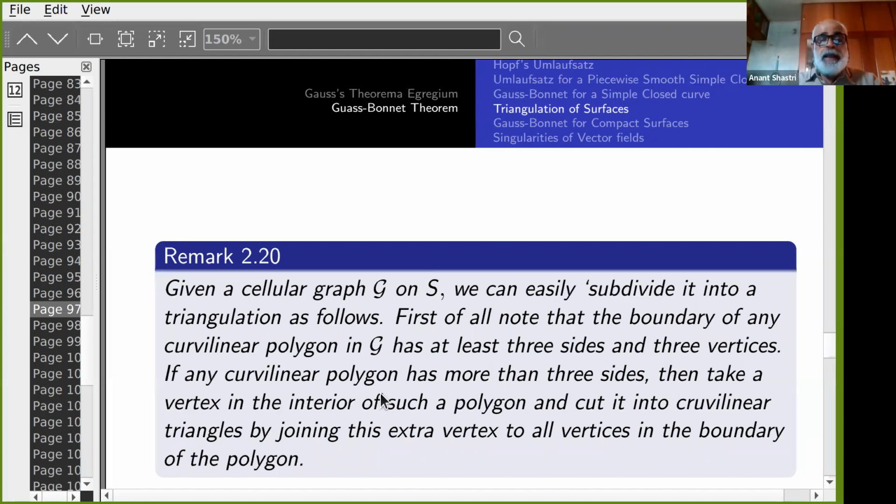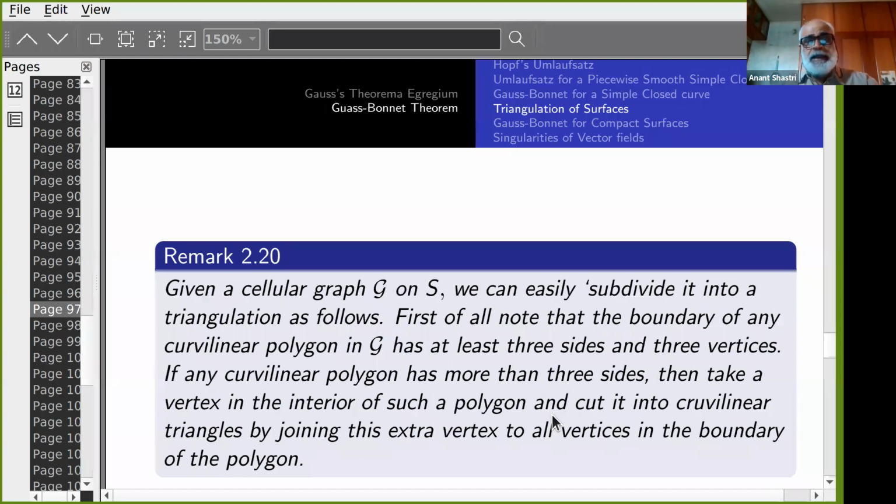If any curvilinear polygon has more than 3 vertices, like a quadrangle or a pentagon and so on, all you have to do is take another extra point in the interior and cut the curvilinear polygon into triangles by joining the central point to the vertices on the boundary. That way we can get a triangulation.